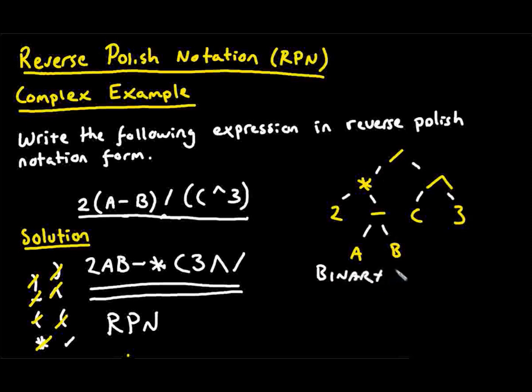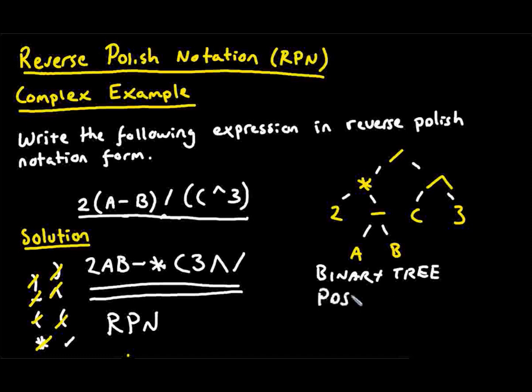Now, if I want an output from the binary tree, what I would use is a traversal. There's 3 of them. There's the in-order traversal, there's the post-order traversal, and there's the pre-order traversal. The one that is going to generate the reverse Polish notation for me, if I get that binary tree structure right, is the post order.